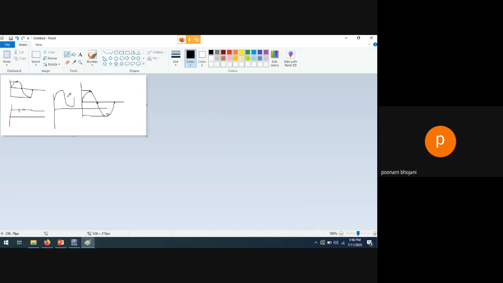Your signal will be shifted up because you are adding 3 volt to every point of the AC signal. Let's say the minimum value of this sine signal is minus 2. If you add 3 plus minus 2, you will get 1. So the minimum value you will get is 1. You will not even get 0 with this type of value.